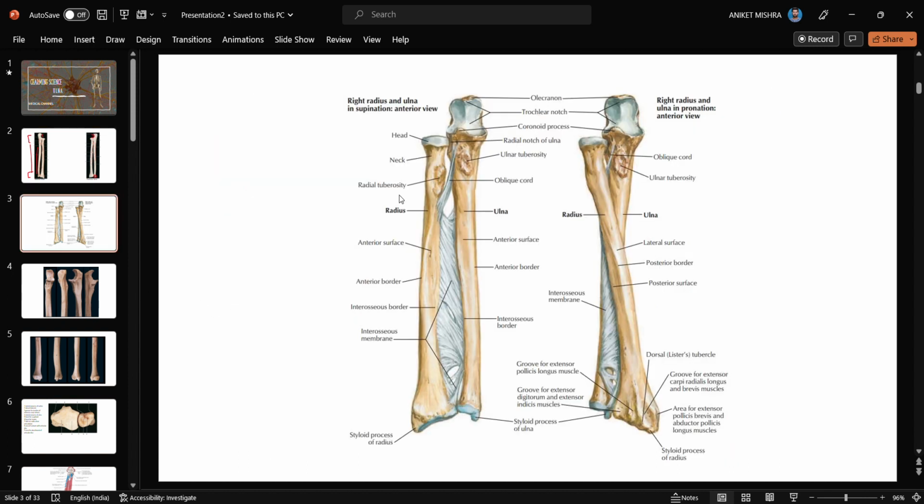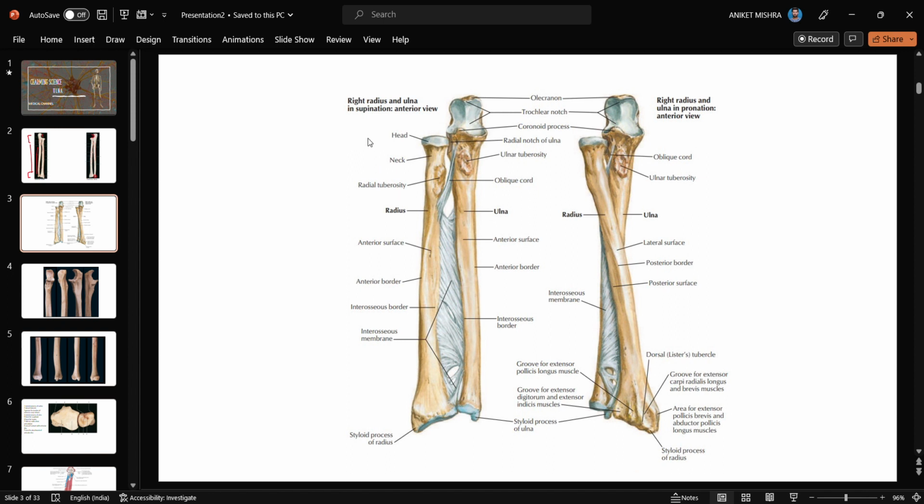When we talk about some of its landmarks, we start from the upper end, lower end and then the shaft.